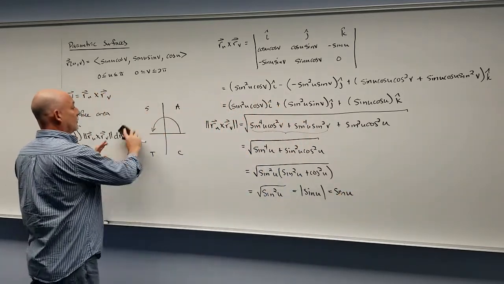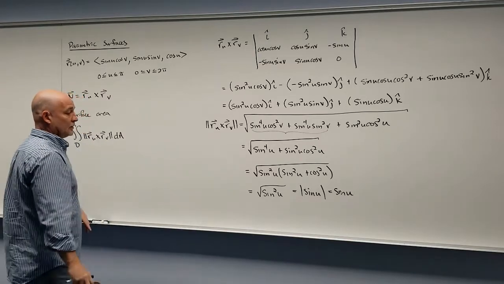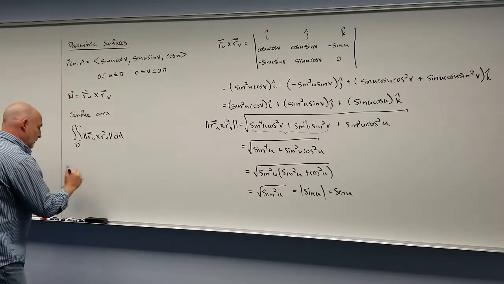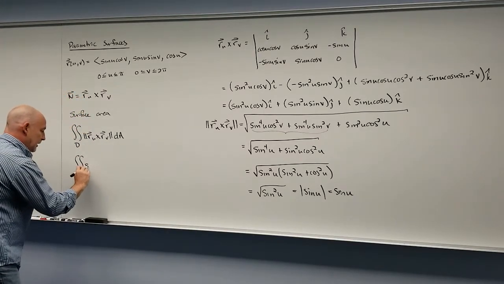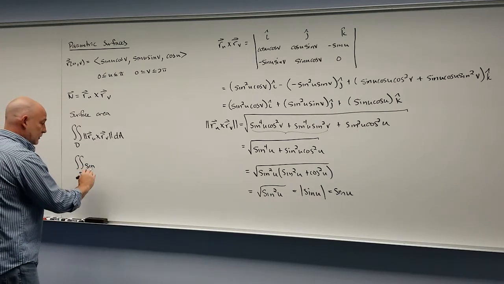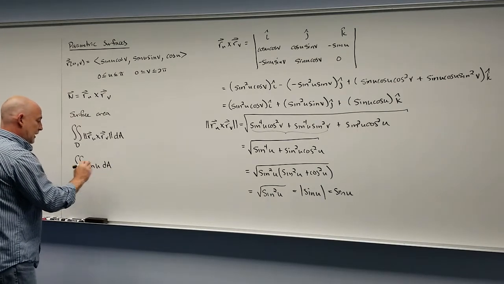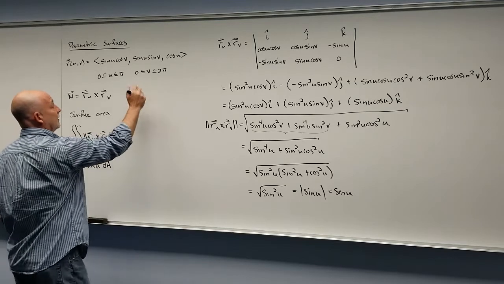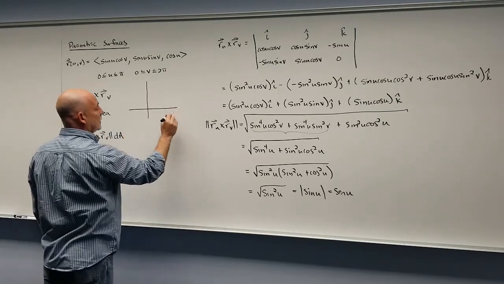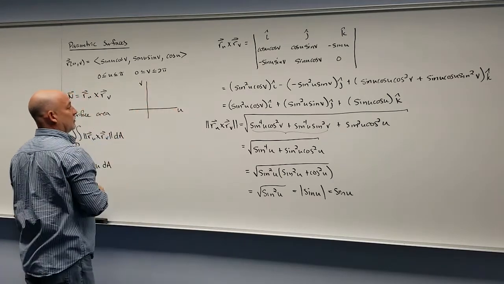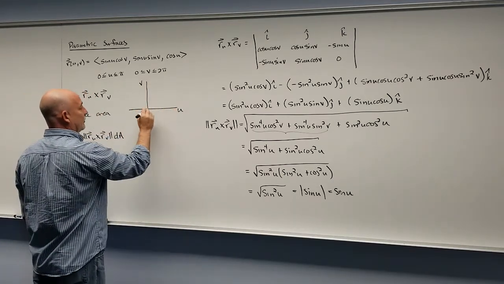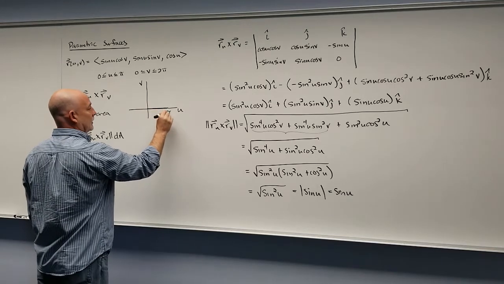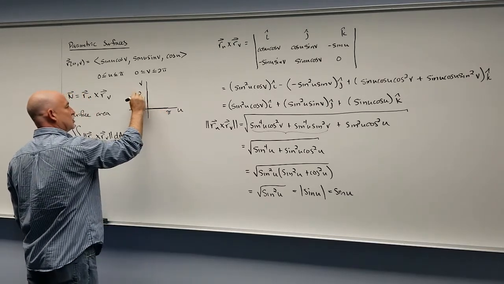Okay, so let's go back here. All we've got to do now is take that argument. We need to integrate over the domain the sine of u dA. Now, what are these two pieces? Well, the domain, if you think about the domain as this region here, doesn't matter which one you call v, u goes from 0 to pi, and v goes from 0 to 2 pi.